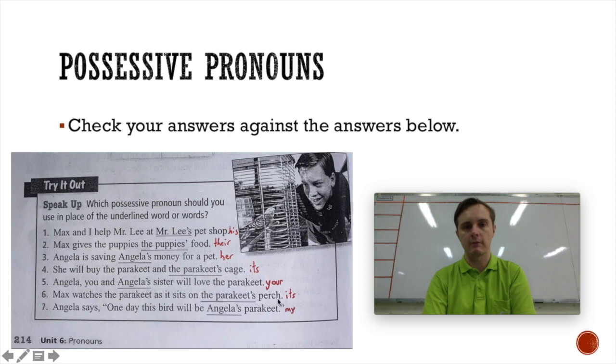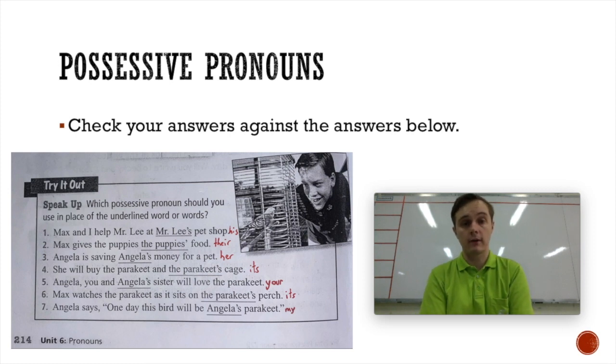Again, for the parakeet's we say its. And number 7, Angela says, one day this bird will be Angela's parakeet. Now, Angela is the one speaking. She would not name herself. She would say, my. One day, this will be my parakeet.